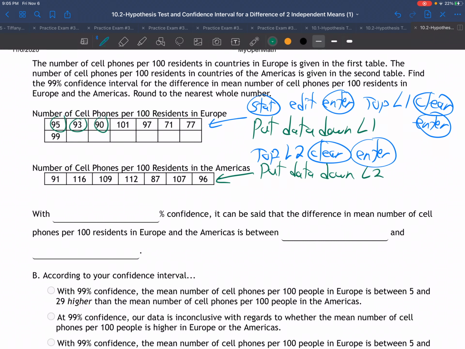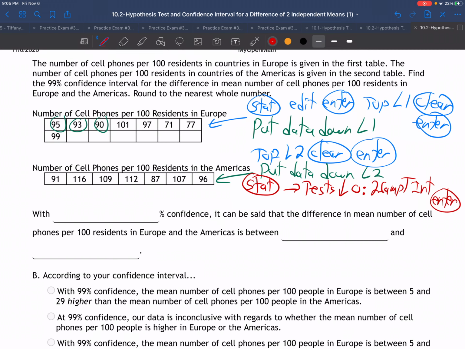All right, once you've got all that, hit stat again, back to where we were before. Go over to tests, go down to the 0, which is the two-sample t-interval, and hit enter.